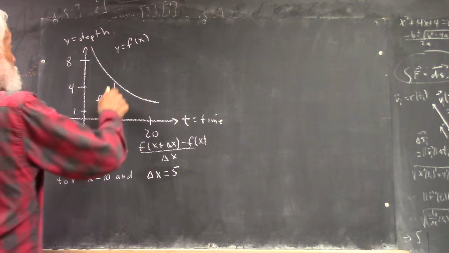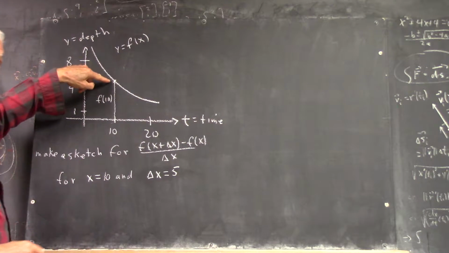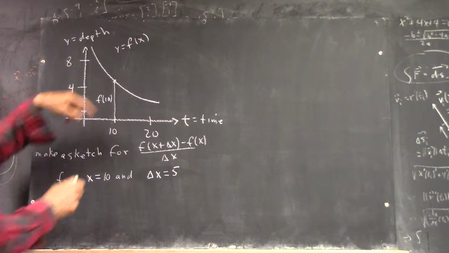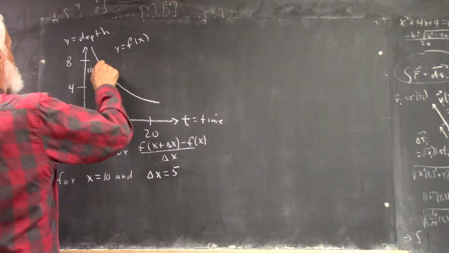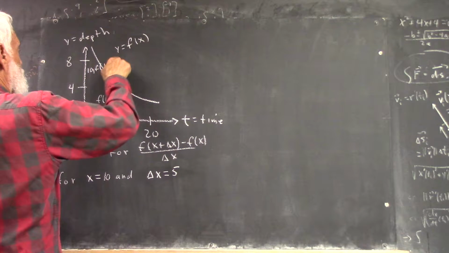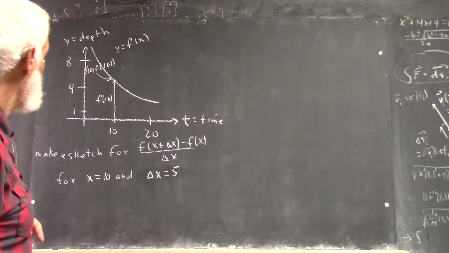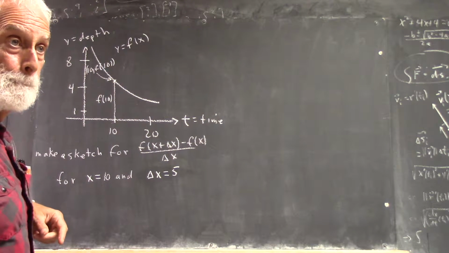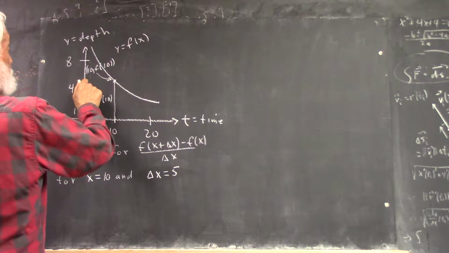Also, this point up here, what are the coordinates of this point? Yeah. Coordinates of this point are (10, f of 10). Okay? And we could estimate f of 10.